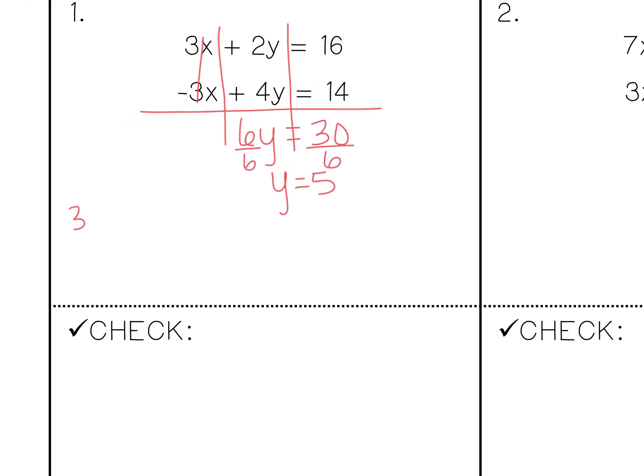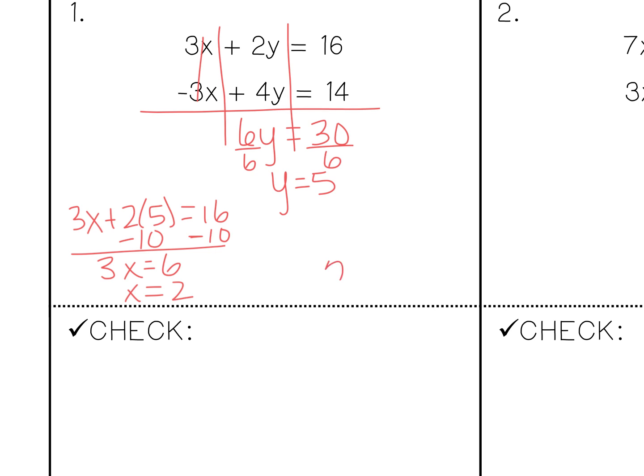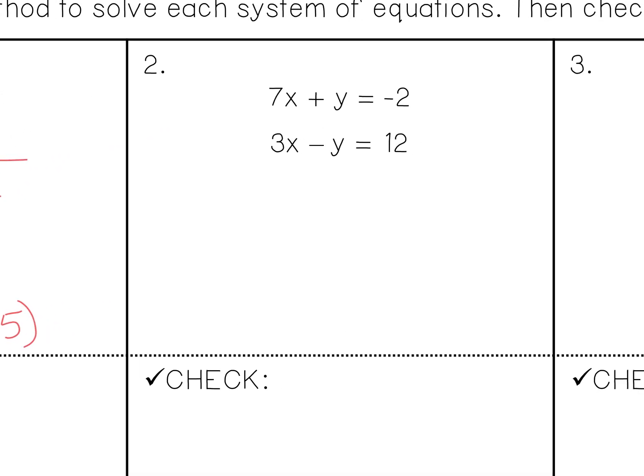It doesn't actually matter. 3x plus 2 times my y of 5 equals 16. This is 10, so I'm going to subtract 10 because it was a positive. 3x equals 6. Divide by 3, x equals 2. So my solution is 2, 5. You can go ahead and plug that in to check it. We've done that before, so I'm not going to waste your time doing that.